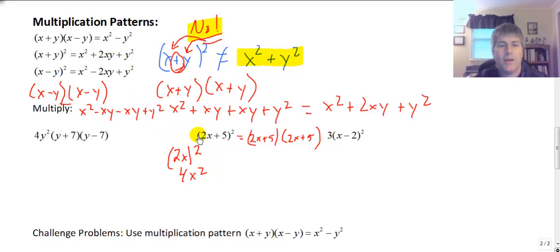And then it's plus 2xy, so our first term times our second term, so it's plus 2 times 2x times 5. So that's plus 20x.